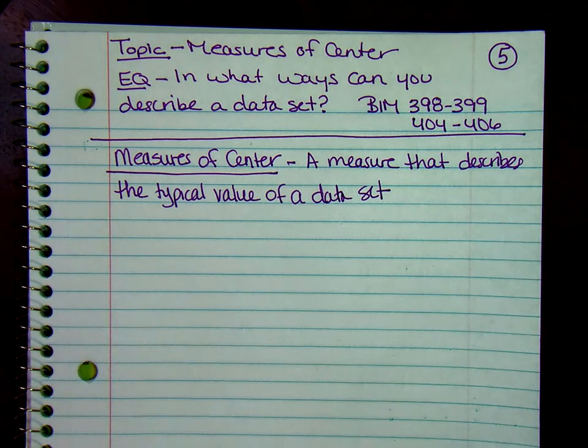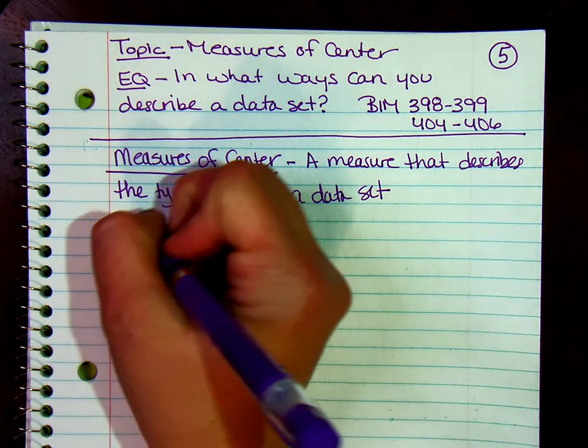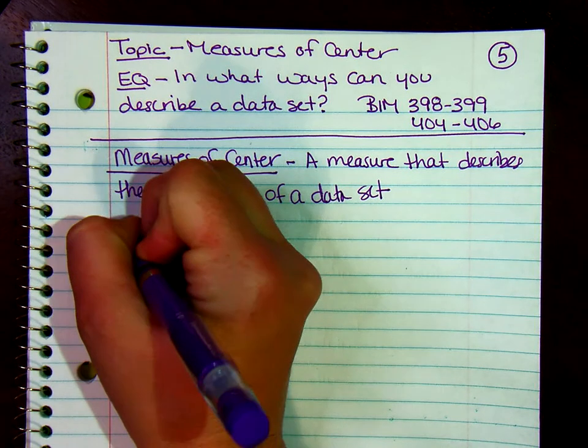So once again, we're looking for patterns. And so we're going to arrange our data in a way in which we can find where the center would be. Now, underneath this category would be our terms mean, median, and mode.